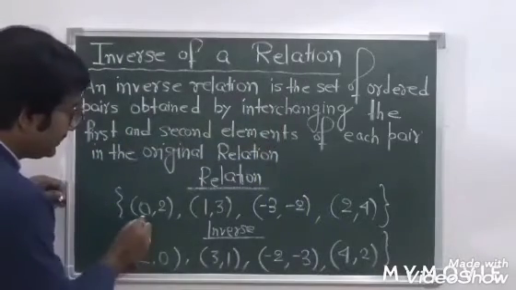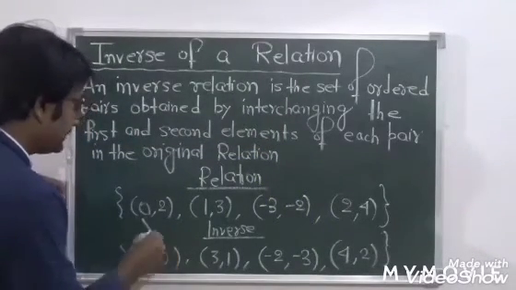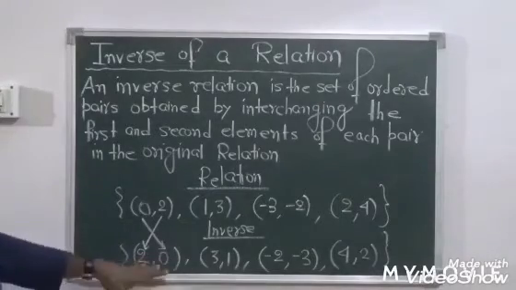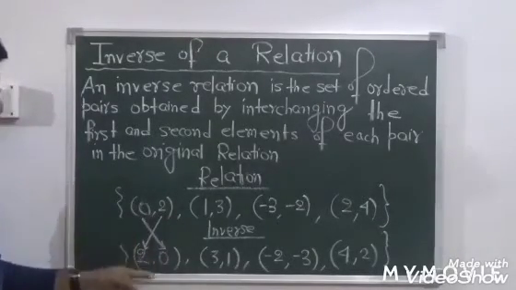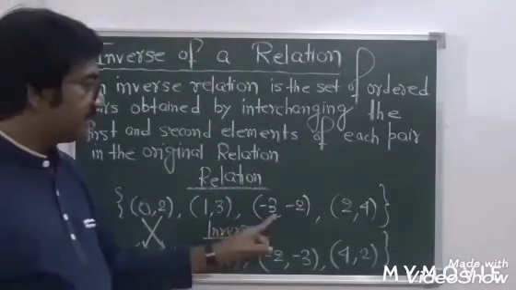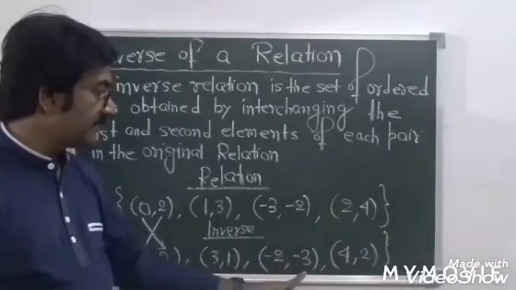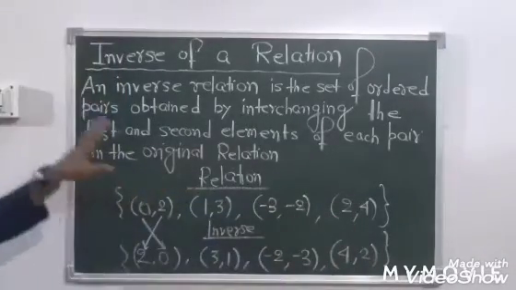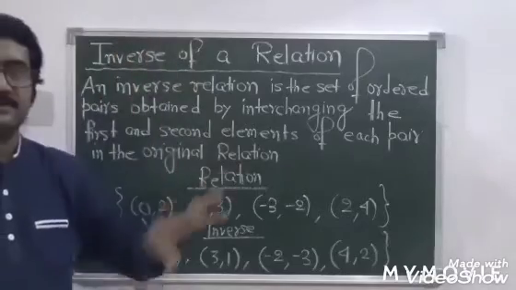So what is happening? The first and the second elements are interchanged. So 0 and 2 are interchanged, 1, 3 becomes 3, 1, minus 3, minus 2 becomes minus 2, minus 3, and 2, 4 becomes 4, 2. So this is the inverse of a relation.